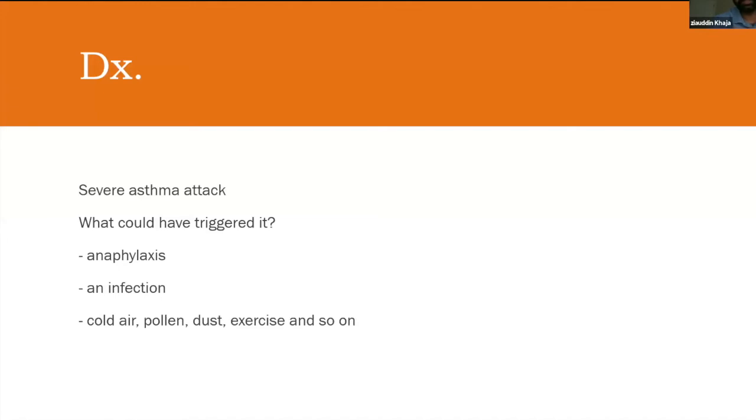So we're thinking about whether we should give epinephrine or adrenaline, and addressing that, or infection, or multiple other reasons. As an emergency physician, if you encounter a patient with shortness of breath, those are the first things to do. And once you know that the patient is stable, then you can think about what might have caused it, and look into the details and treat accordingly.